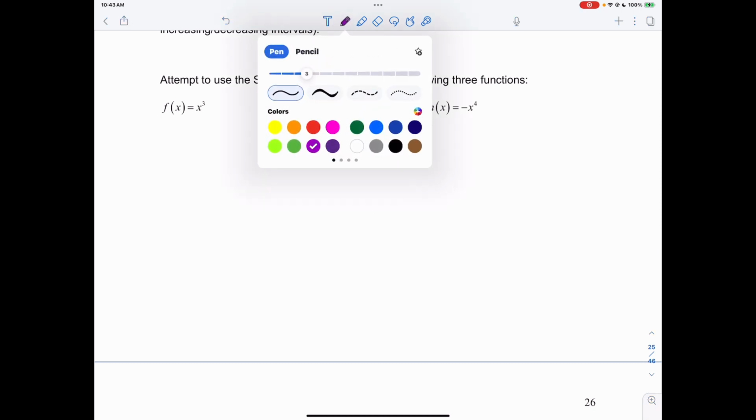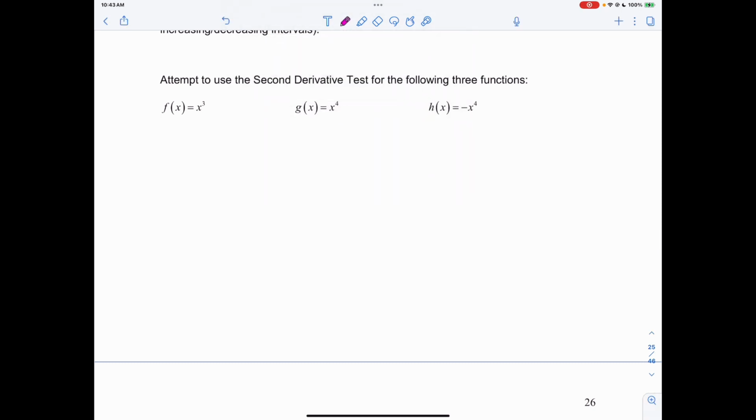So if we try to use the second derivative test for these functions, then for the first function, f prime of x is equal to 3x squared, which means that my critical number is going to occur at x is equal to 0. The second derivative is going to be 6x, and this means that my significant number is going to occur at x is equal to 0.